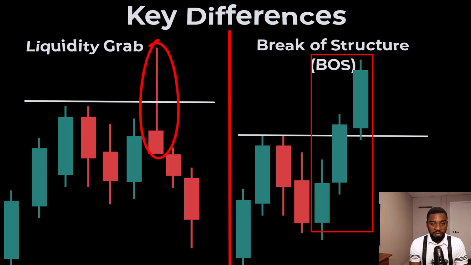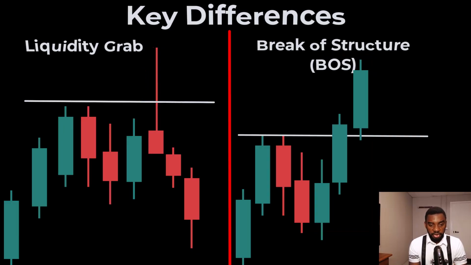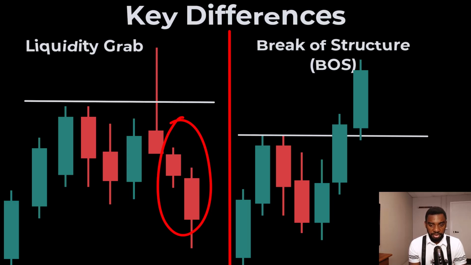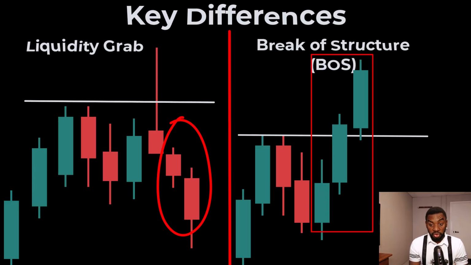A liquidity grab is often accompanied by a volume spike, while a break of structure has consistent volume supporting the move. With a liquidity grab, as a trader, you have to wait for confirmation before entering the trade, while with a break of structure, you have to align your trades with the new trend.